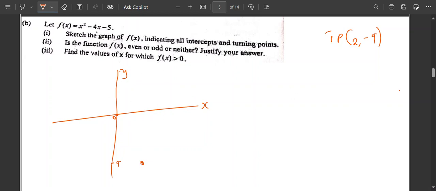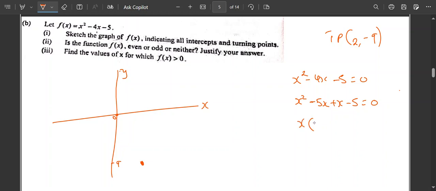let's find the x-intercept. So we are solving this quadratic equation: x squared minus 4x minus 5 is equal to 0. You just use the factorization method. You need numbers that multiply to get negative 5 and add to get negative 4. That will be 5 and negative 1. So x squared minus 5x plus x minus 5 is equal to 0.